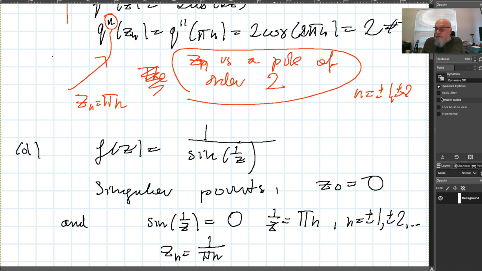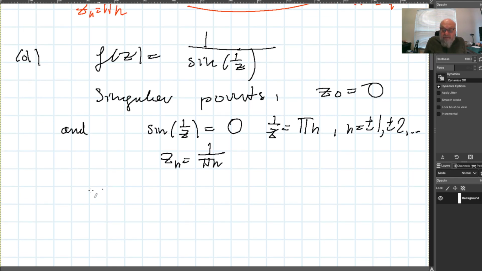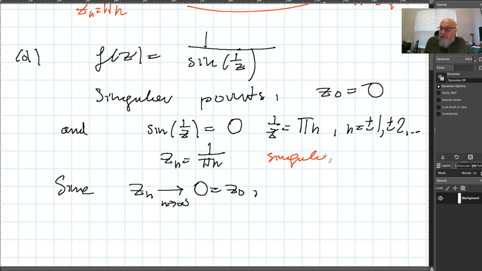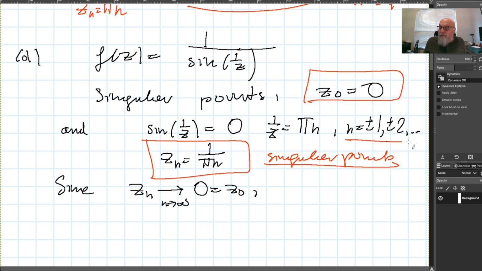So you can see immediately by a similar argument as we did before, since zn converges to 0 as n converges to infinity, which is my z0, that's also a singular point, and those are also singular points. So this is all the singular points.